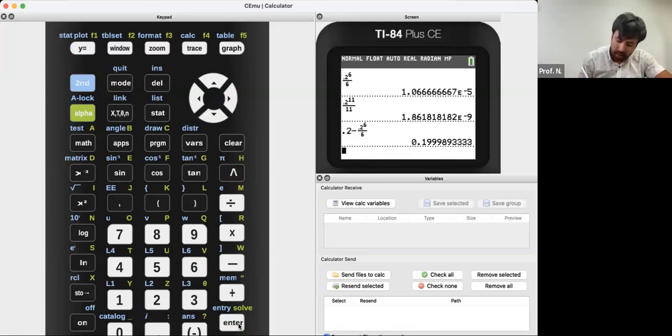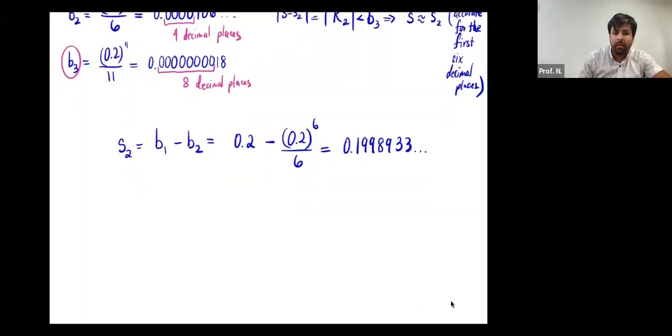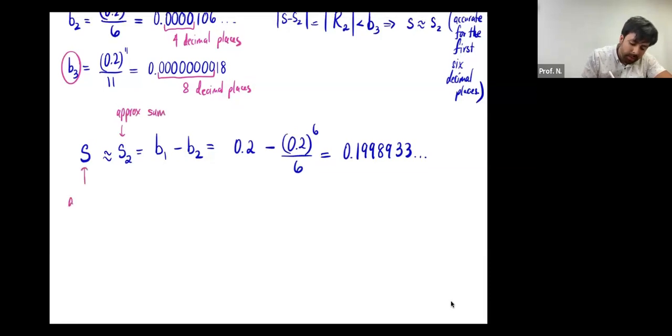And what I get is 0.1998933. So this is the approximate sum, and this is the actual sum.